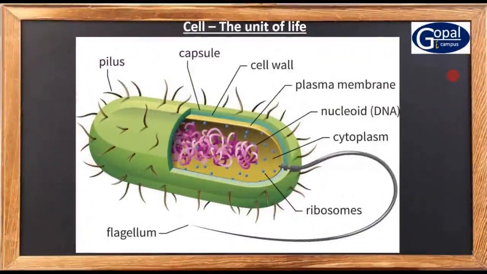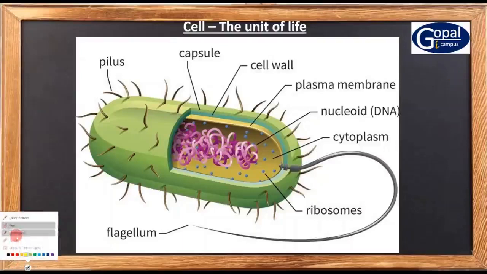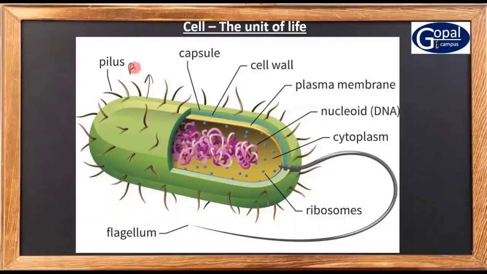So this is how a prokaryotic cell looks like. This is actually a bacterial cell. This cell is a bacterium. So here if you see in the bacteria, this is the genetic material, the DNA.